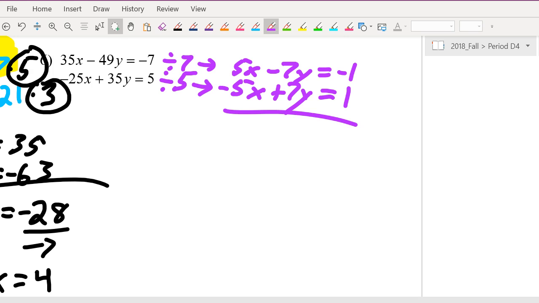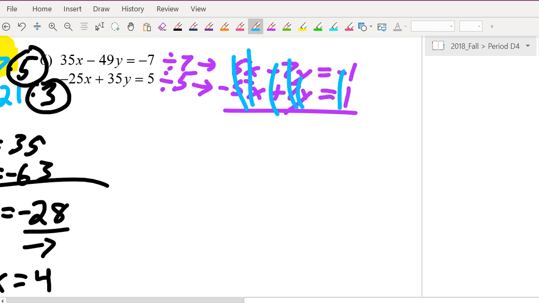So we see our 5s and our 7s are both eliminating. So that means we get 0 equals 0. And that is a true thing. So therefore it is infinite solutions.